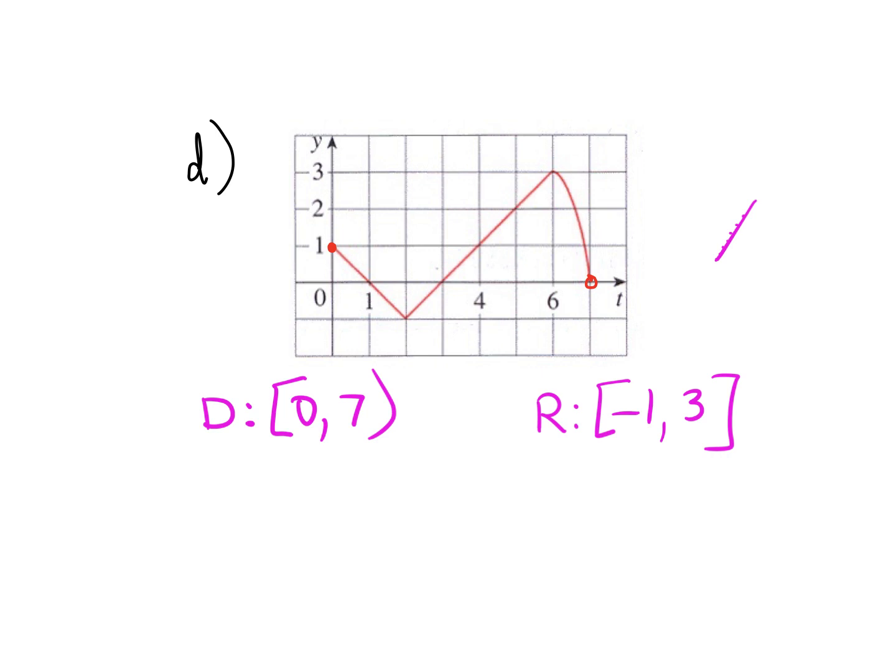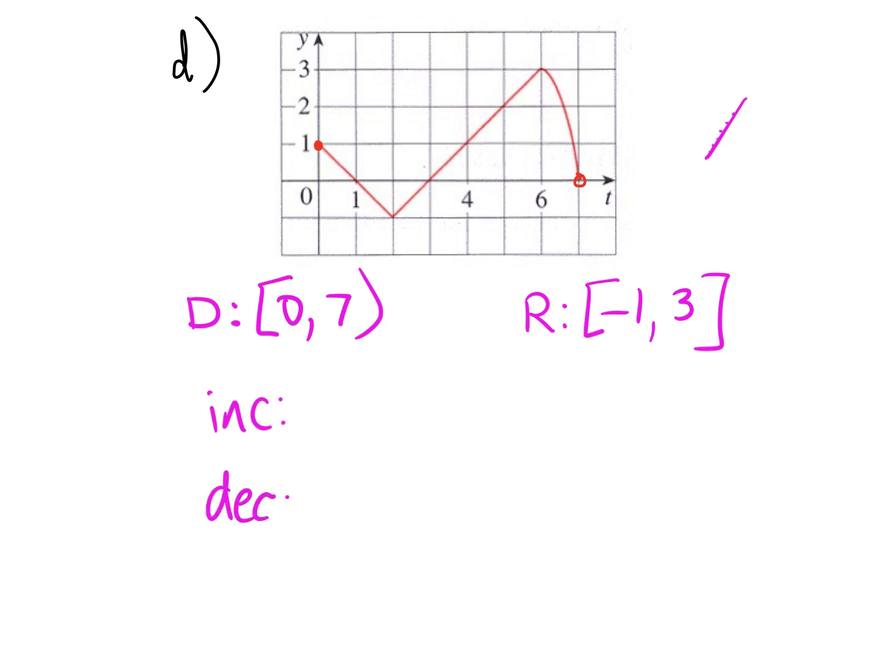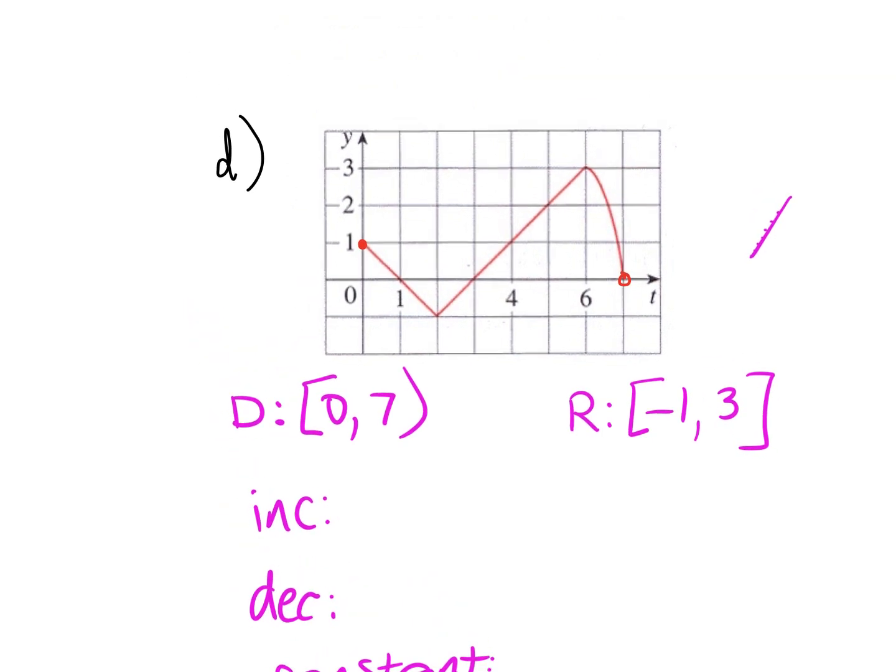All right, so now I'm going to write my increase, decrease, and constant. We read from left to right, and we use just parentheses. What should I cross off so I don't get myself confused? Cross off the y, guys. Don't even look at those numbers. All you're looking at is the x-axis.